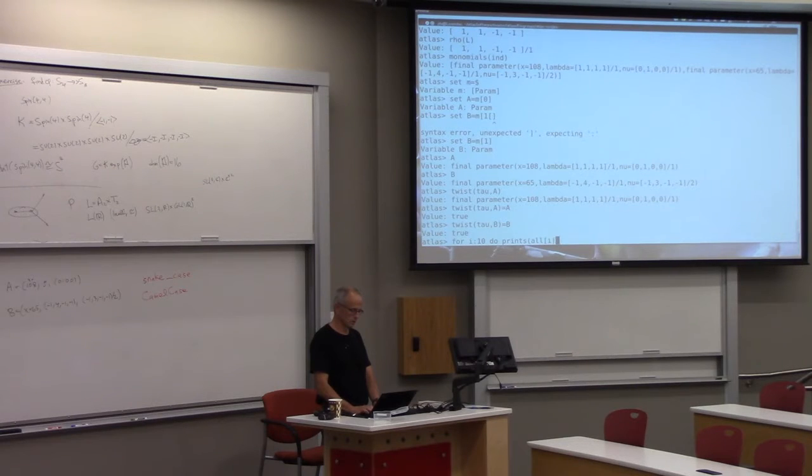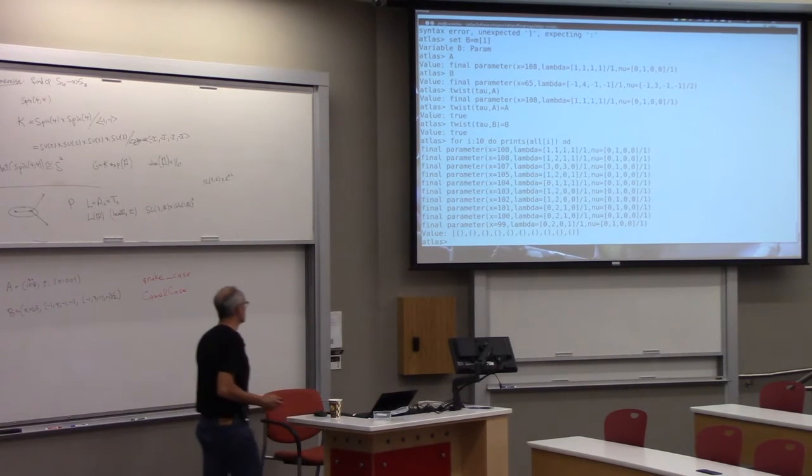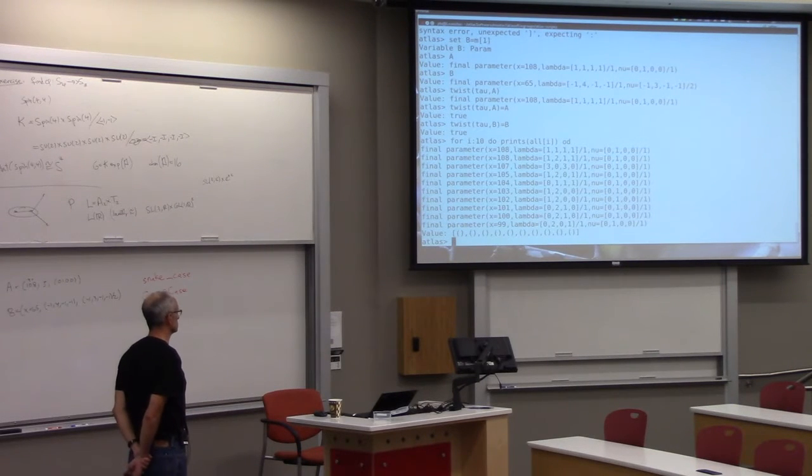Here are the first 10 representations from this list of all the representations of this infinitesimal character. Obviously, tau acts on this list. We just discovered that it fixes the first one, and I think it probably fixes the second one.